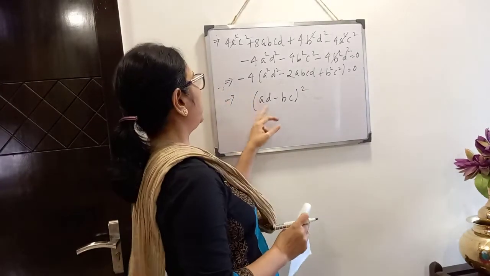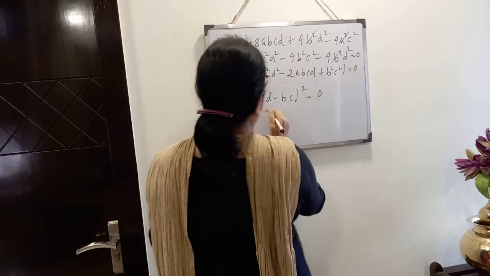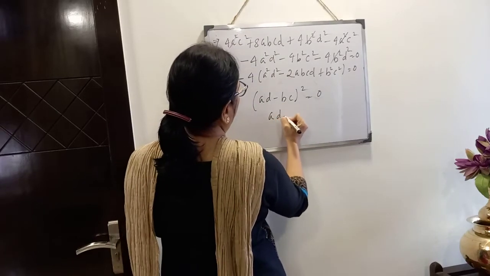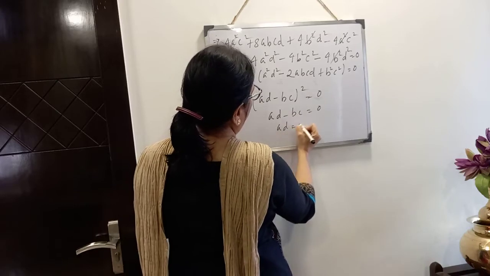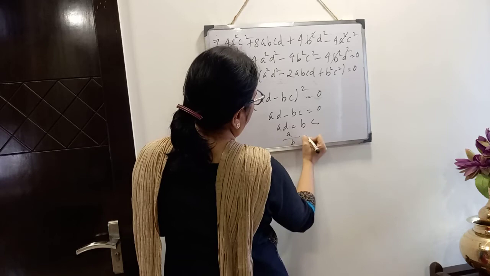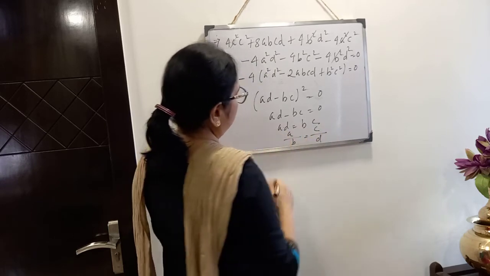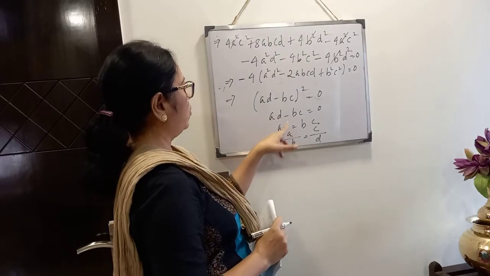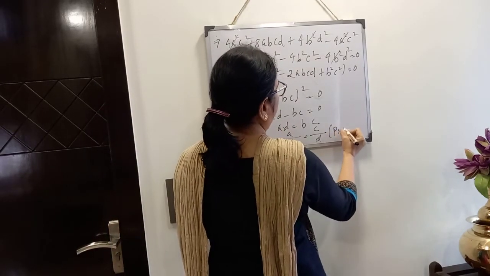Now it is becoming (ad minus bc) whole square equal to 0. So this equal to 0 means ad minus bc equal to 0. Therefore ad equals bc, or a by b equals c by d, by alteration. This you have to prove.